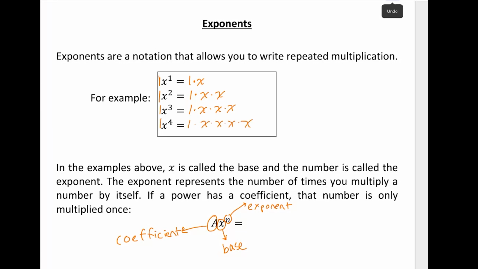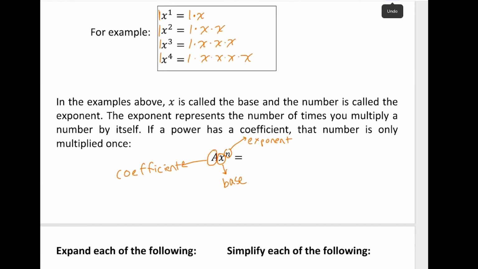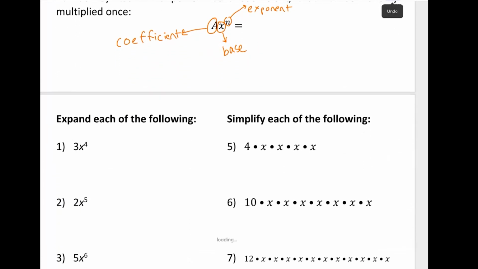Now, it might seem kind of weird, why are we throwing in that extra times 1? But as we move forward and start talking about negative and even fractional exponents, it'll make a lot more sense why we're including that coefficient in there. I don't want to get into any of that yet. Let's just make sure we understand this notation.